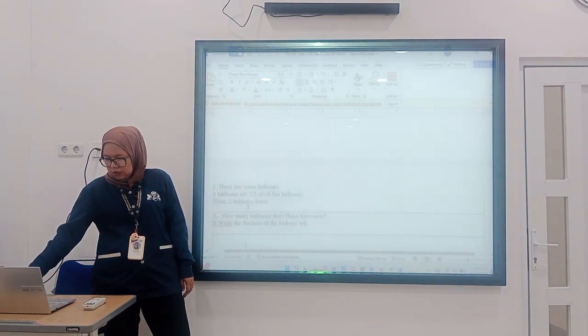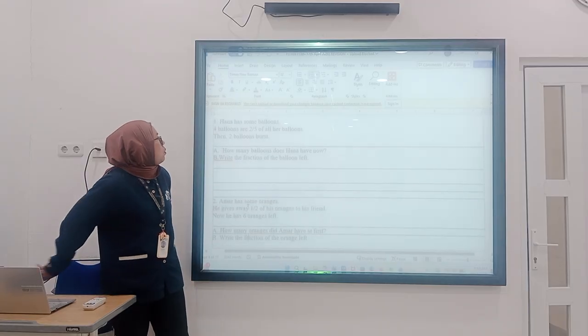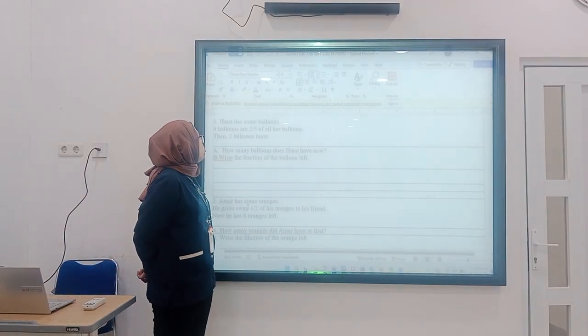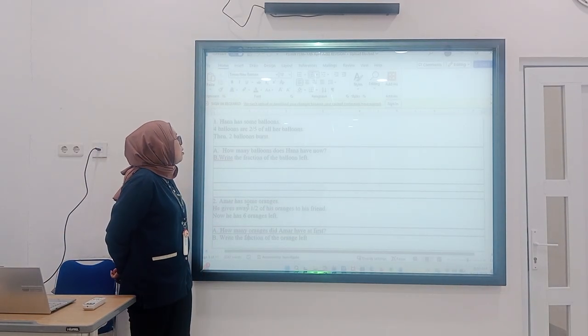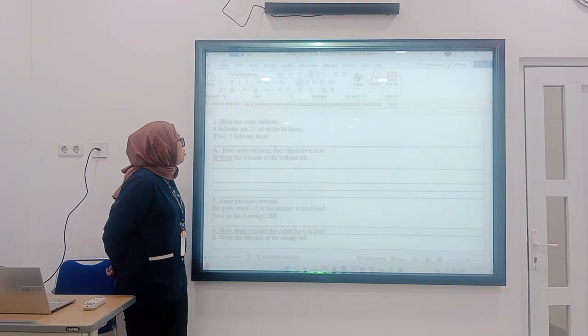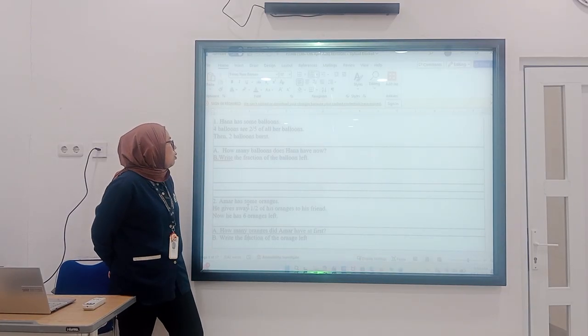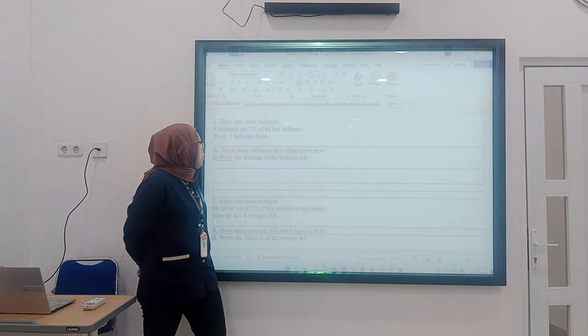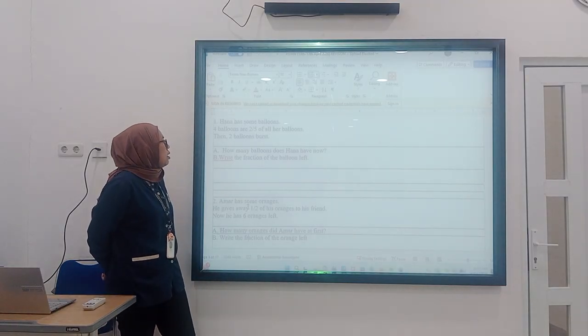And then this one, number 1. Anna has some balloons, and 4 balloons are 2/5 of all her balloons, then 2 balloons pop. So how many balloons does Hannah have now? And write the fraction of the balloons left.